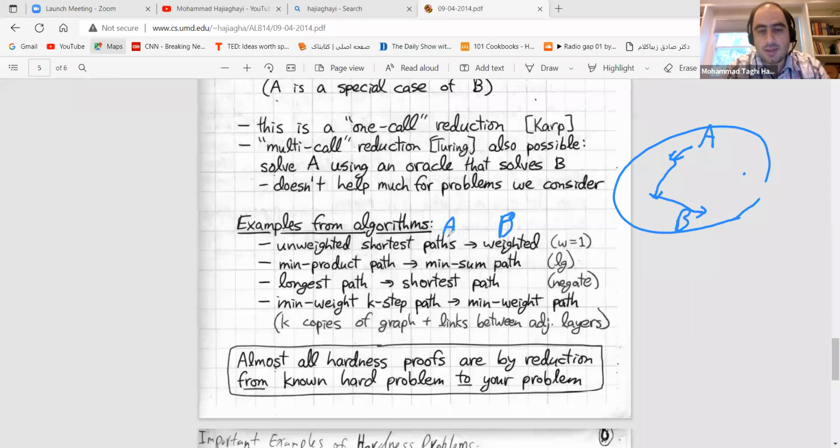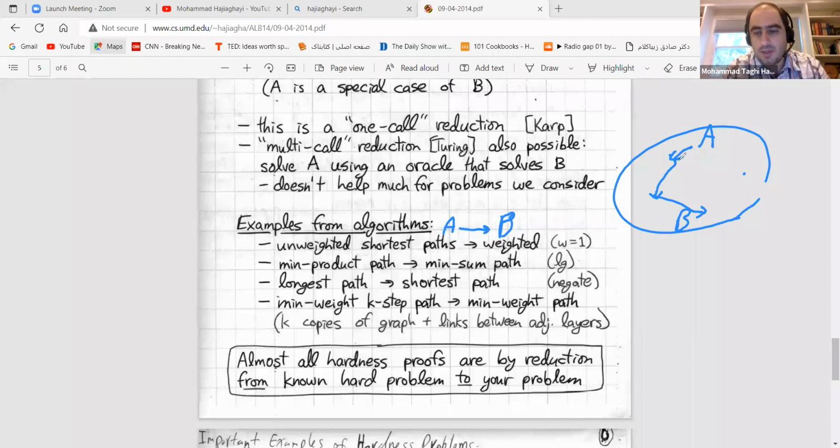So we want to say that problem A can always be solved with problem B. So in some sense, problem B is harder than problem A. Why?